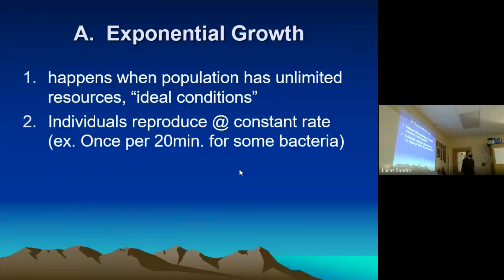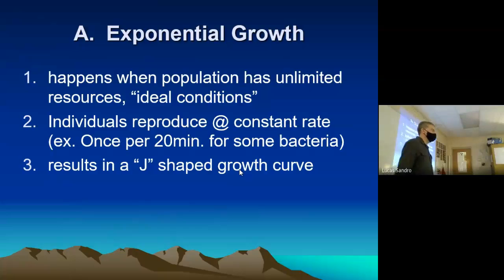And whether that rate is every 2 months or every 5 years, if they keep reproducing at a constant rate, they'll have a doubling time. And that doubling time means they're growing exponentially. It means we're going to go into that J curve. J is the shape of the curve, we call it.